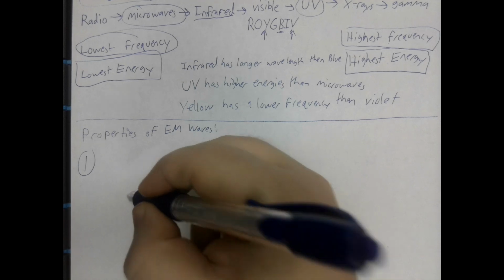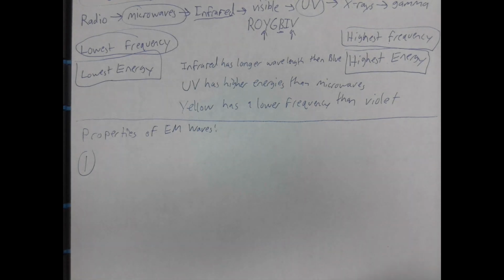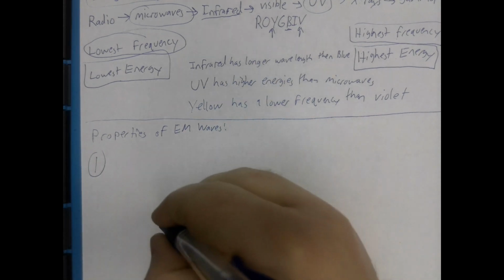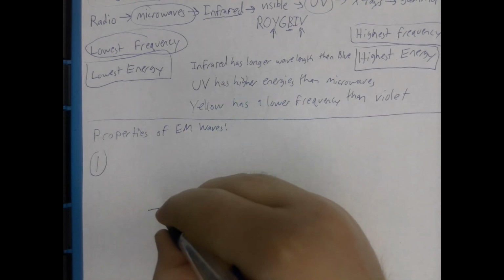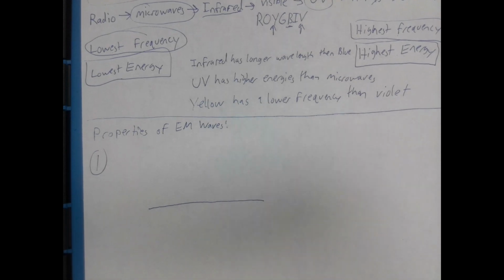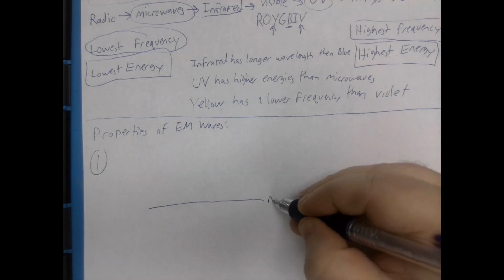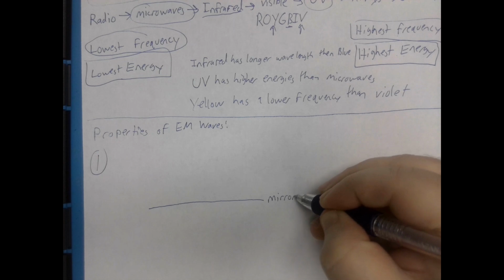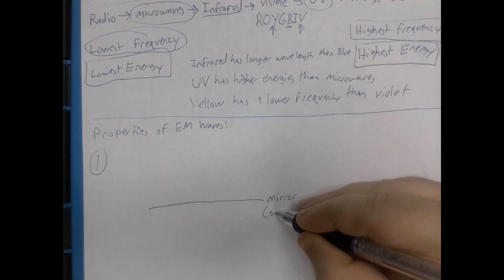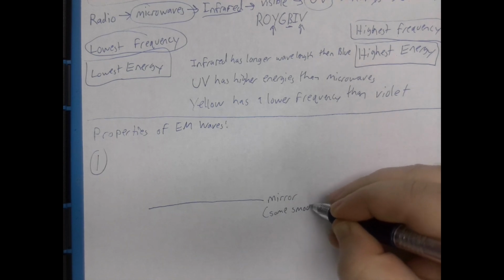So let's say that we're doing this in a completely different order than the other class. So let's suppose that we have a mirror or some smooth surface.